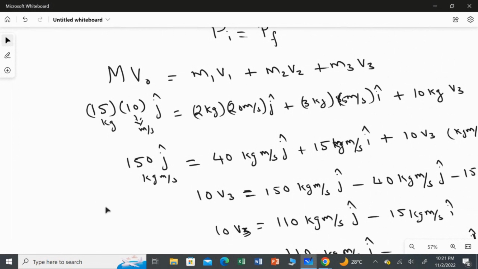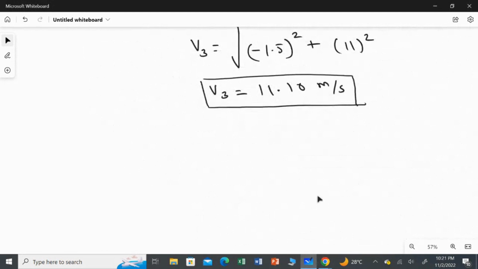So now I'm going to use the same equation and modify it for the kinetic energy. Let's work out part B, applying the kinetic energy. What is the equation we used in the first part? M V naught equals M1 V1 plus M2 V2 plus M3 V3.